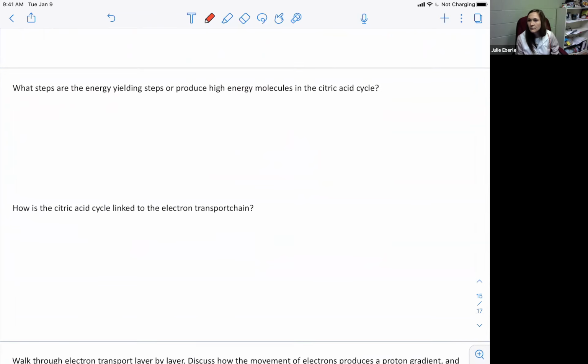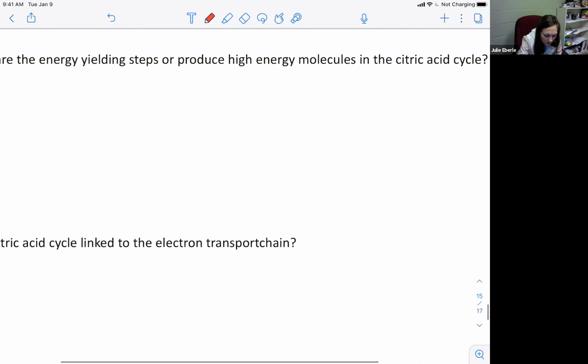Citric acid cycle. Which steps yield energy or produce high energy molecules? You guys remember? So we have 8 steps here. We have acetyl-CoA and oxaloacetate, and these come together.